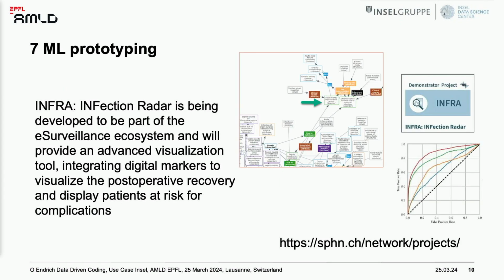And at the end, we also try to develop machine learning prototypes. For example, for one use case, we try to predict patients at risk for developing surgical site infection, and from this point of view, closing the loop.